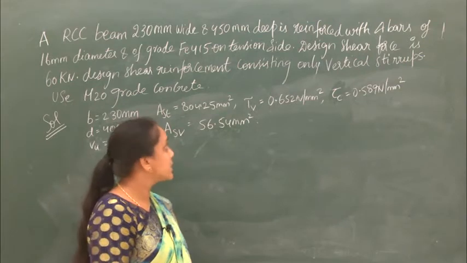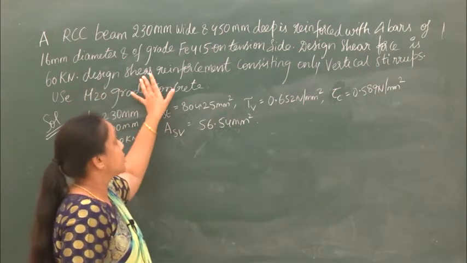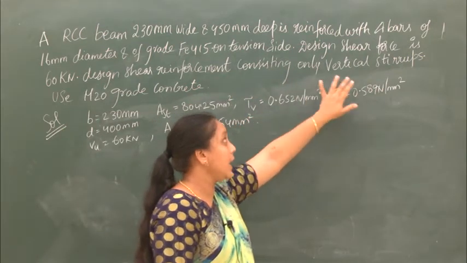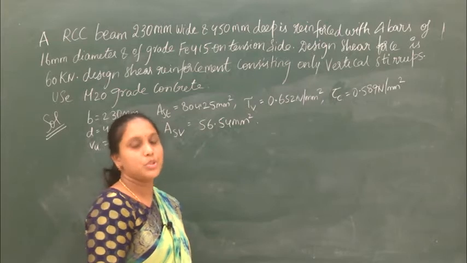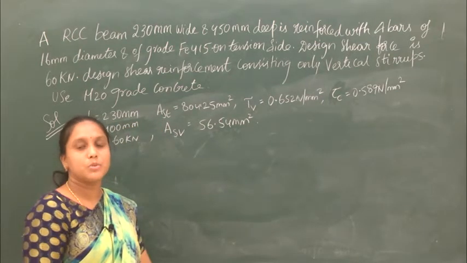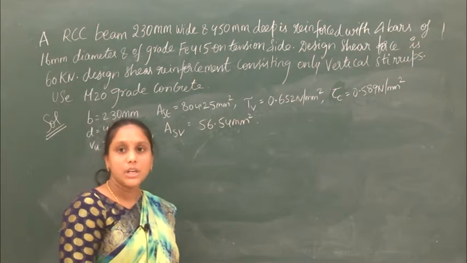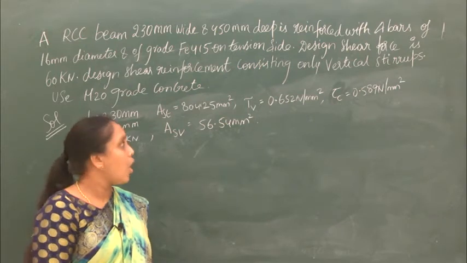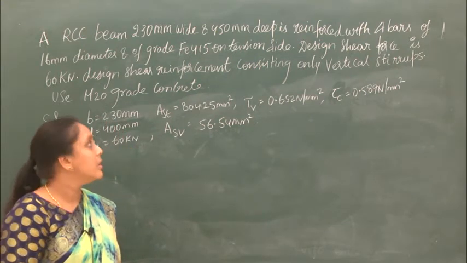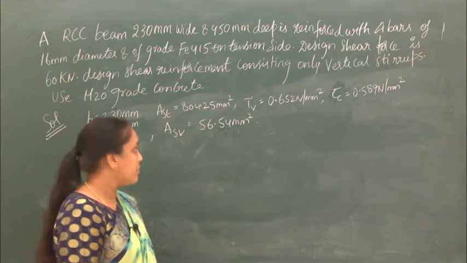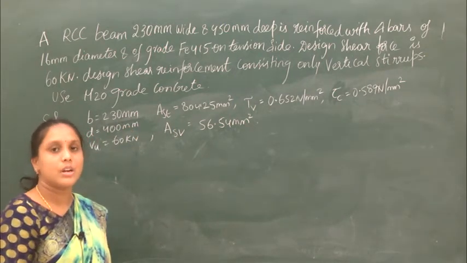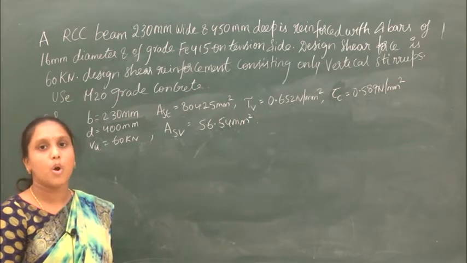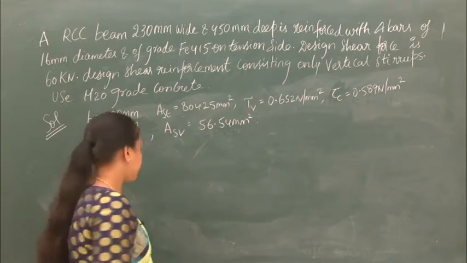In the question it is given that the shear reinforcement is to be designed consisting only of vertical stirrups, so we use the formulas for vertical stirrups to find the spacing. We have 4 cases here, and out of all the 4 cases, whichever gives the least spacing is what we are going to provide.